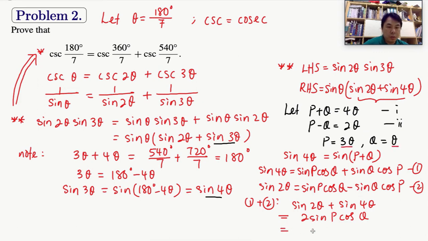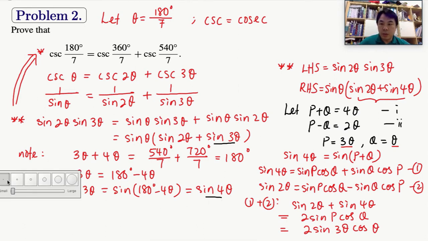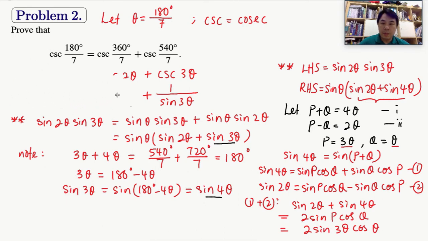My P and Q is this. So therefore, I can write this as 2 sine 3 theta cos theta. Now you can see that this whole expression, additions, would turn into multiplication. And then therefore, we can conclude our results now.